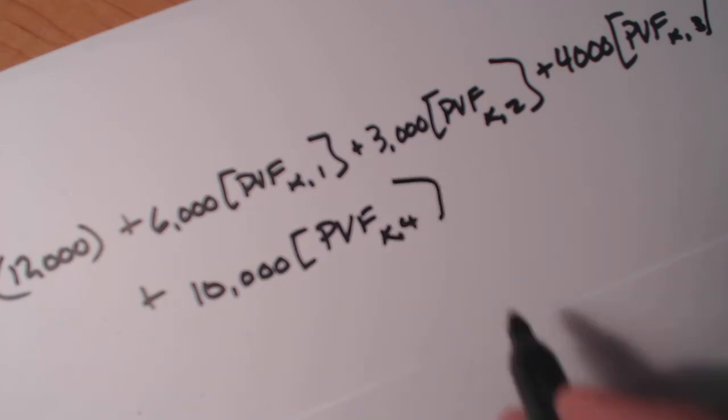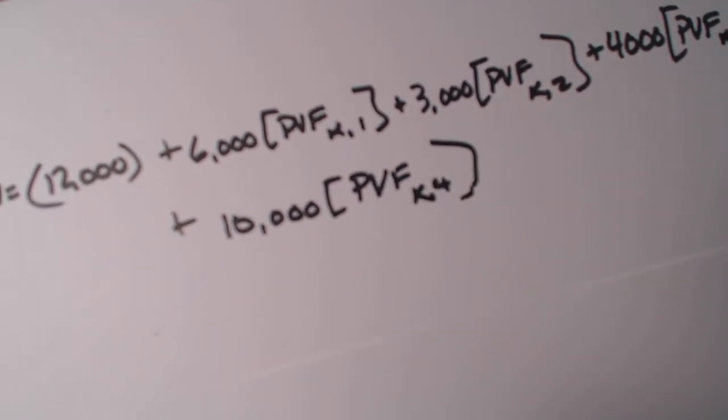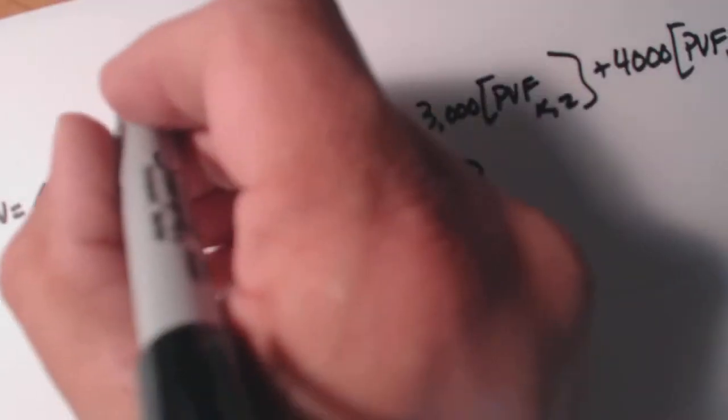Very simple. Now we need to figure out what the PVF is. So we know our cost of capital is 8%. This is the cost of capital.